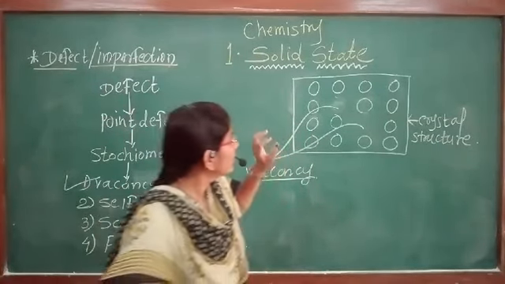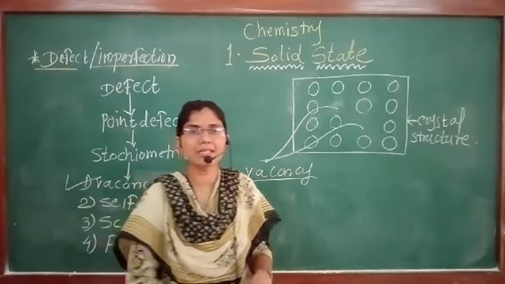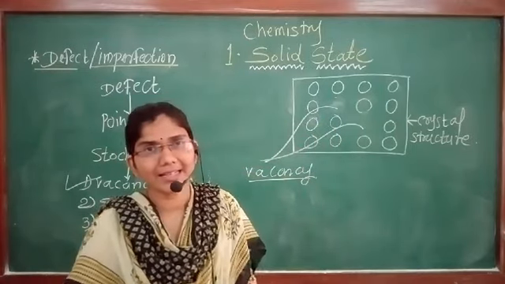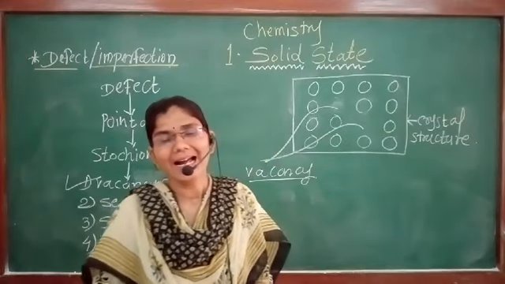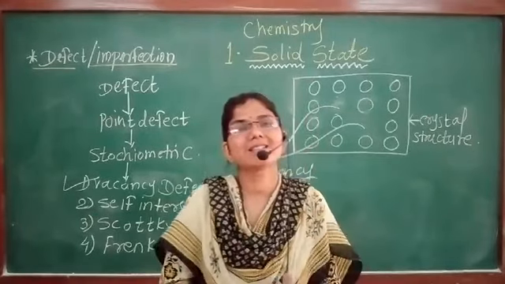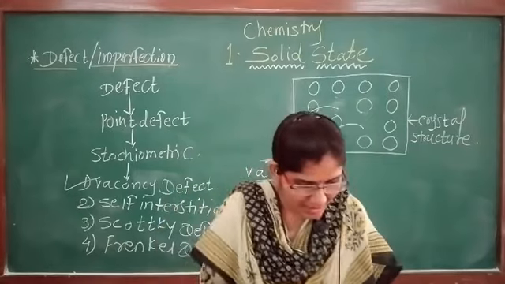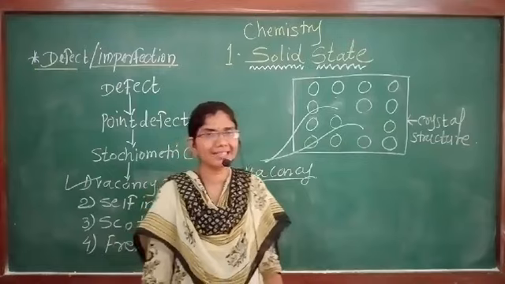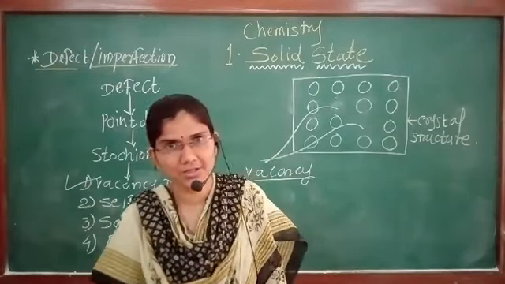So the crystal structure produces the vacancy due to the missing of the particles from their regular sites, and therefore this defect is called a vacancy defect. This defect is produced when the crystal structure is heated. When the crystal structure, or the substance, is heated, the vacancy defect arises.